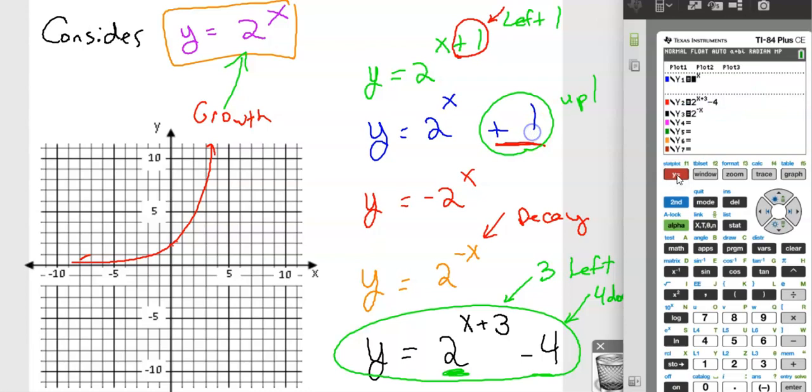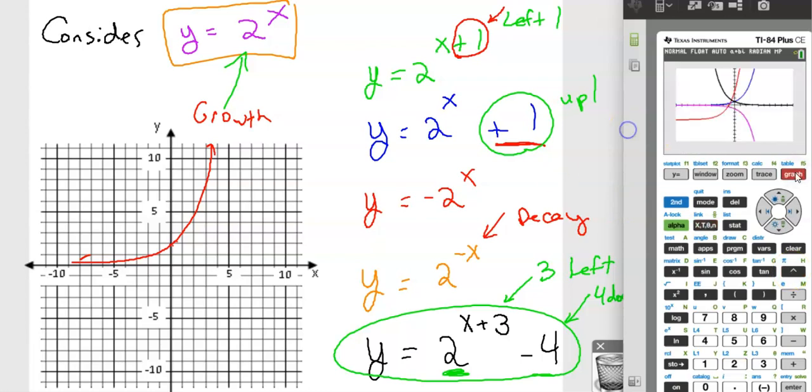And then if I look at the last one, so that negative in the front, notice exactly what that's going to do. It's still a growth function, but notice it actually flipped it about the x line. So it literally made it go down here.